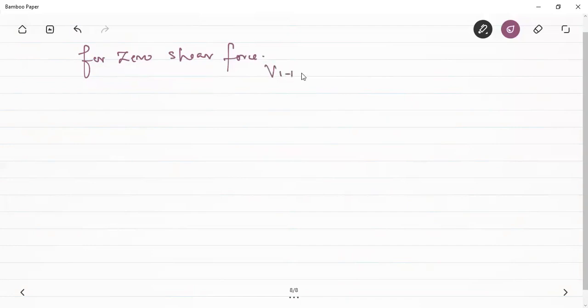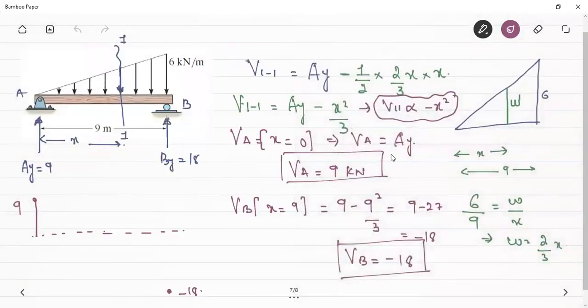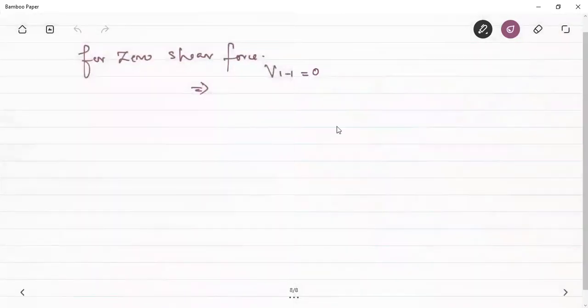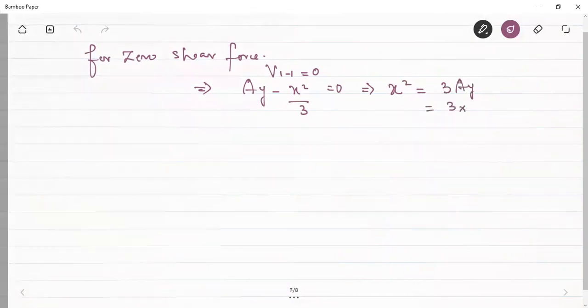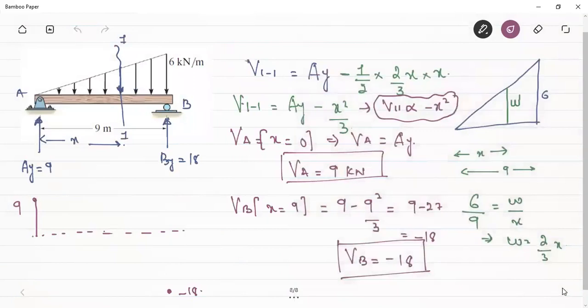For finding the location of zero shear force, V at section 1-1 should be equal to 0, which means that Ay minus x square by 3 should be equal to 0. Which means that x square should be equal to 3 into the value of Ay, which was 9.